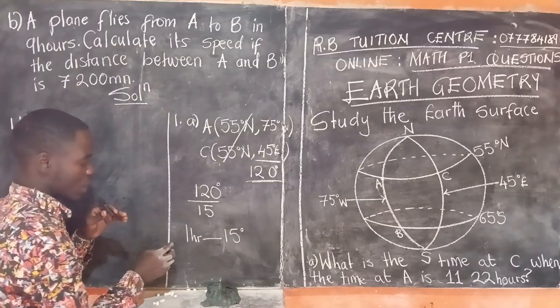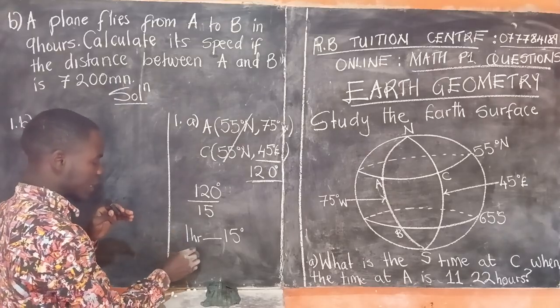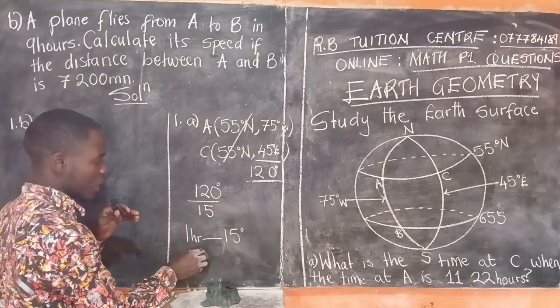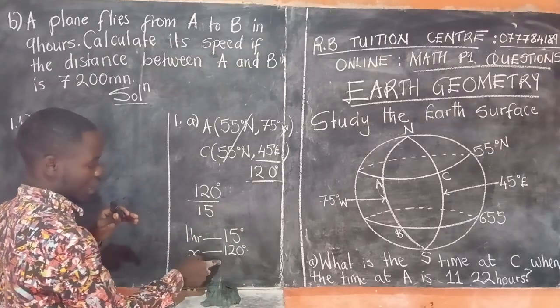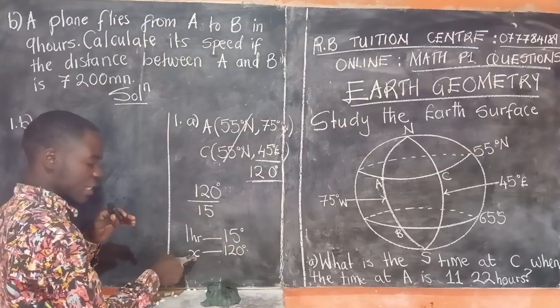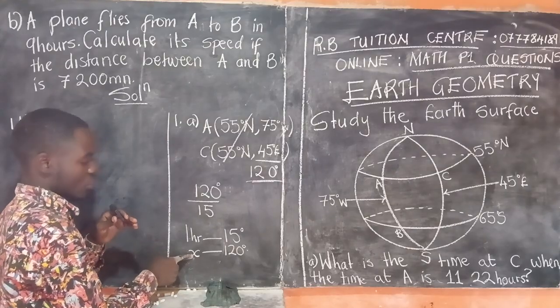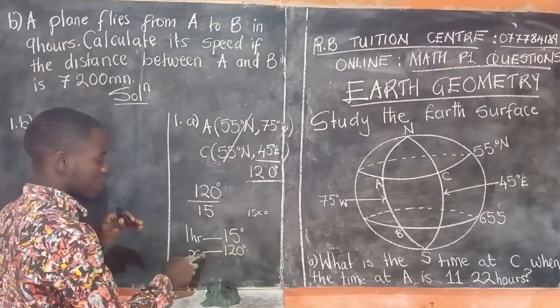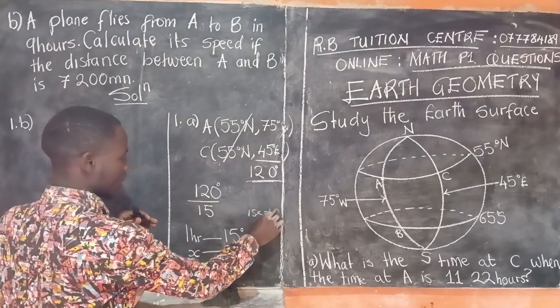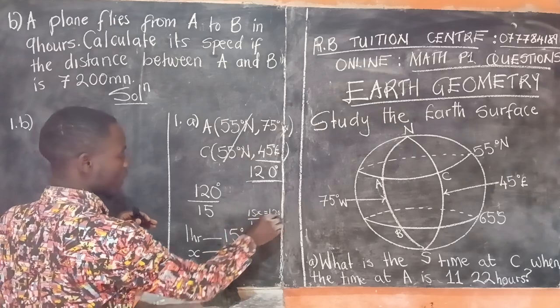Then in whatever hour we don't know, the earth rotates 120 degrees. So we are going to find the time in hours: 15 times x equals 1 times 120, so x is 120 divided by 15.